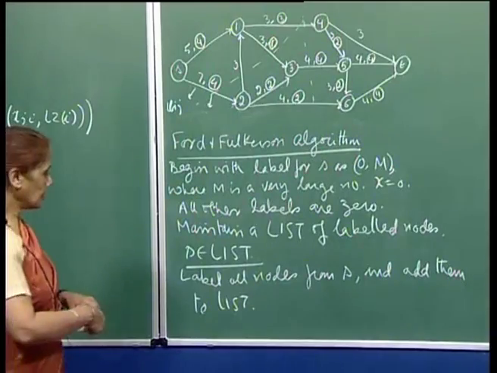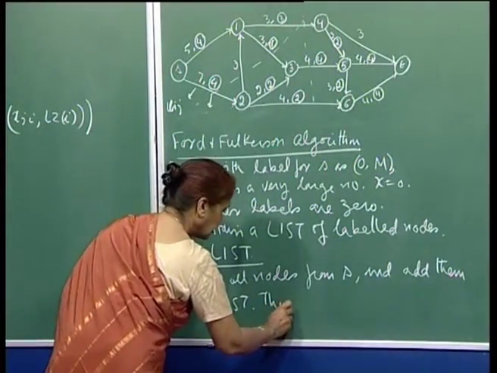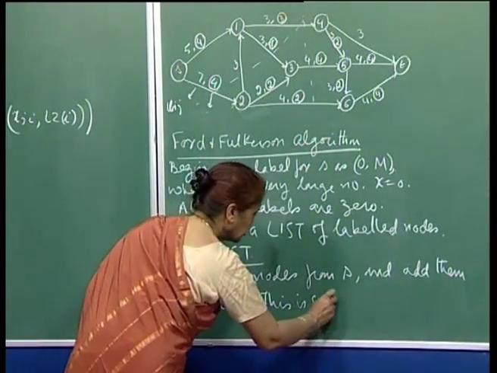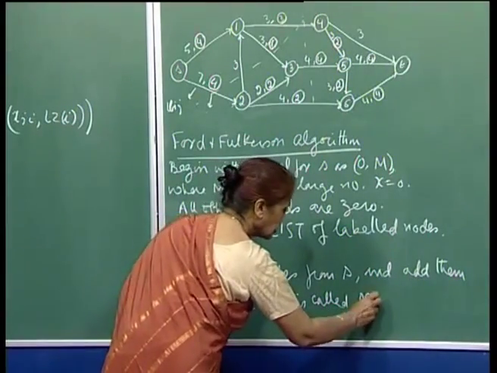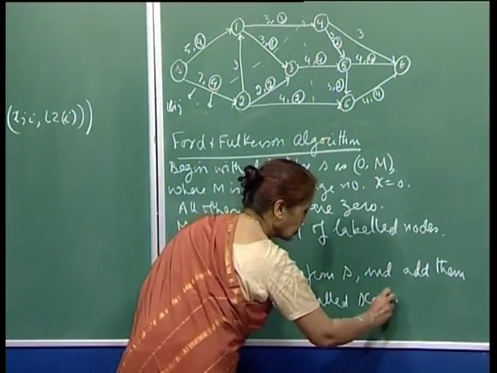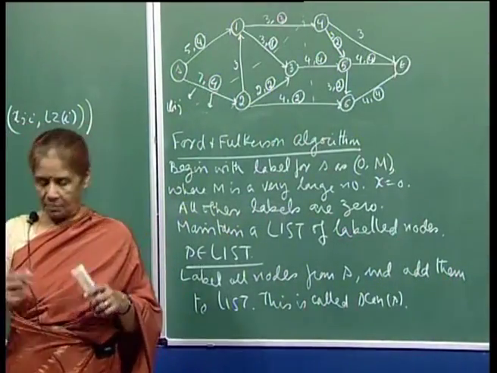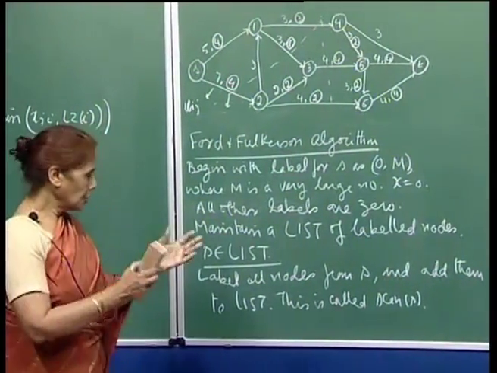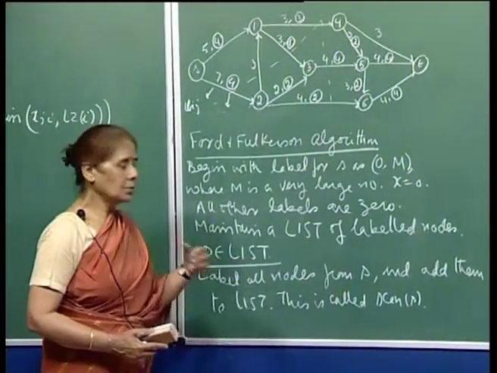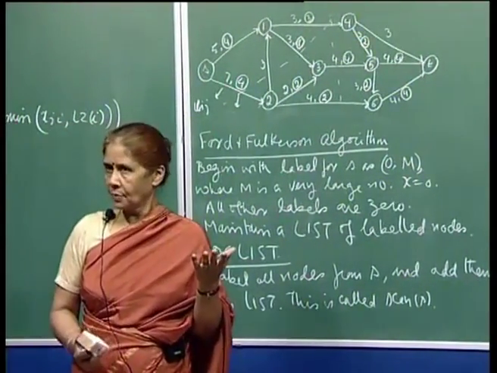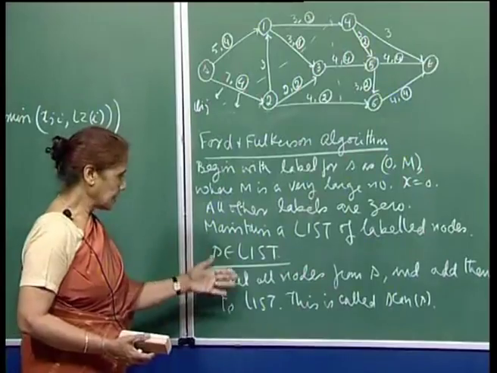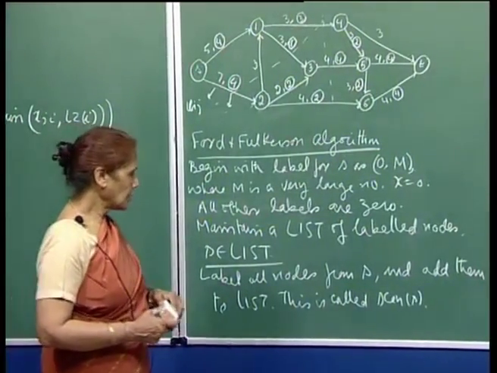This is also called scan S. Scanning a node means it's already labeled and in the list; you take it out from the list, label all possible nodes from that node, and add them to the list. This is called scan S.